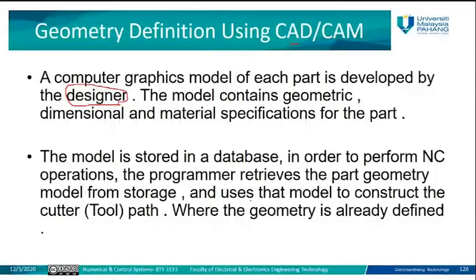Then after you already define the geometry, this geometry will be converted by using some packages or libraries inside this software. It will convert the design into G code. You make the drawing, then you select which machine you want to use.